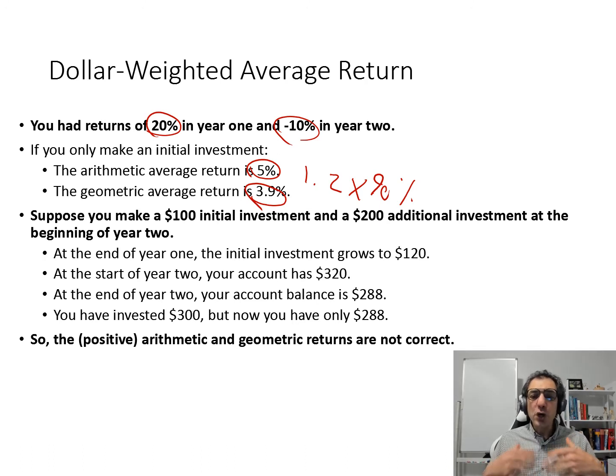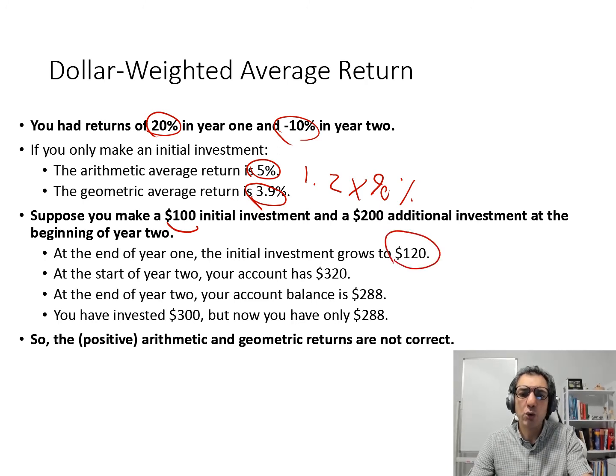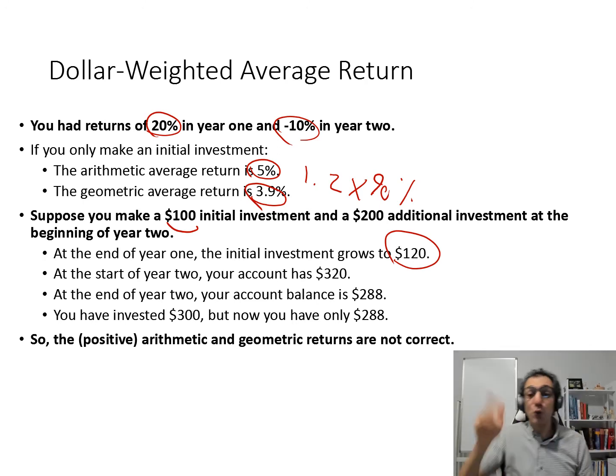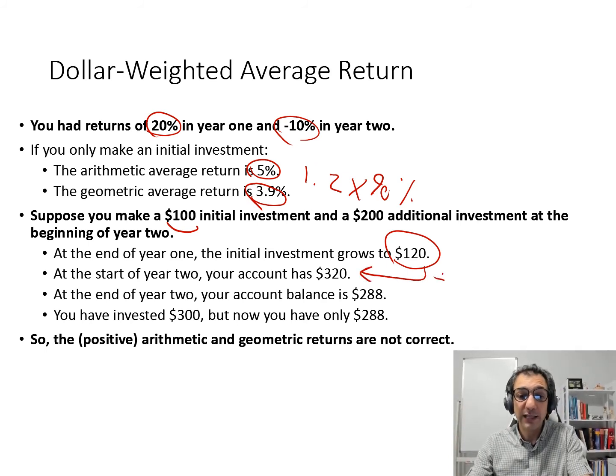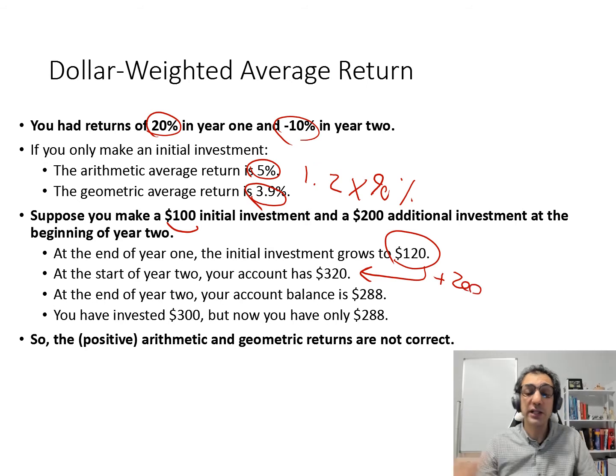So let's go with the dollar amount first, and then we'll talk about the percentage. What's actually happening? You had a $100 initial investment. It's growing 20% in the first year, so your money is going up from $100 to $120. At the beginning of the second year, you are adding another $200. So since you're adding $200, your investment now is $320.